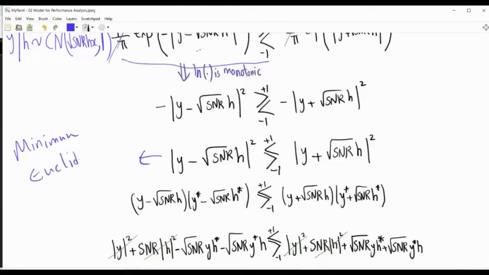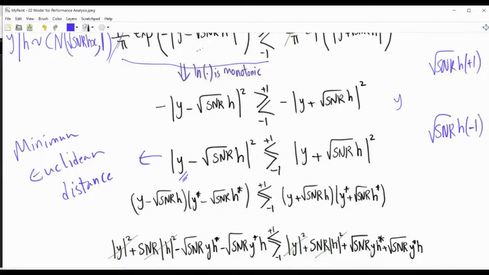Because if you see this detection rule, you take your received signal and you measure the distance between Y and square root SNR H times plus 1, and you measure the distance to the other alternative, which is square root SNR H multiplied by -1. So this is the signal term when X is plus 1, and this is the signal term when X is -1. You measure the distances and you compare them, so our receiver will be a minimum Euclidean distance receiver.